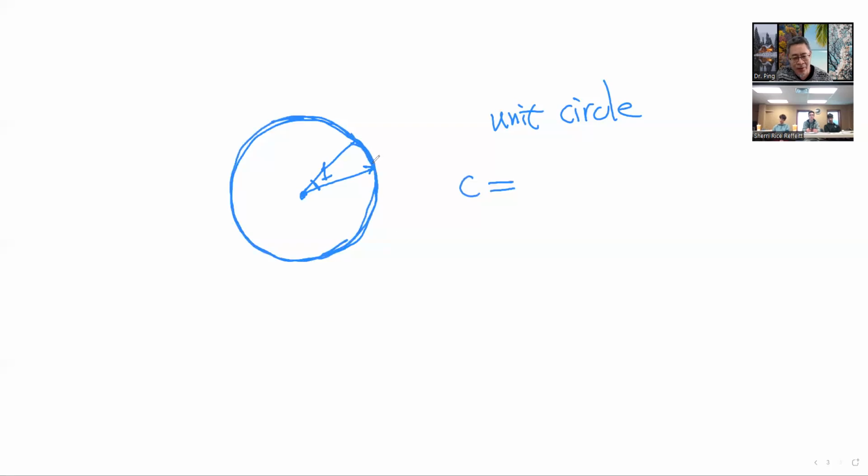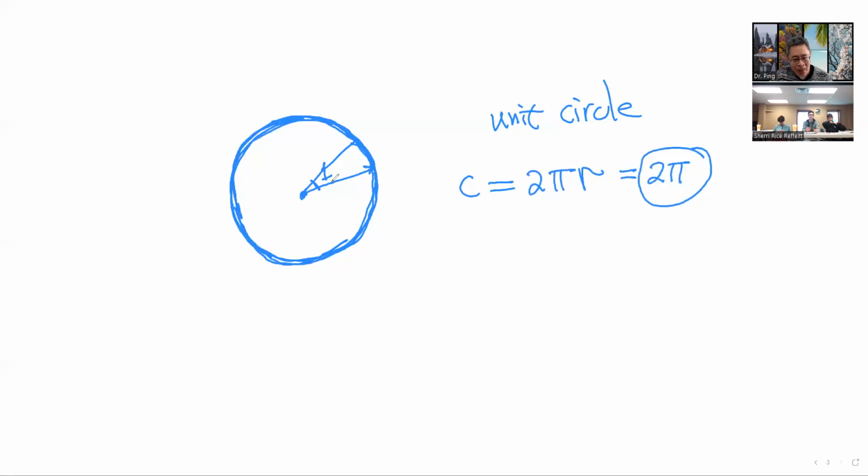What's the length of a circle, I mean the arc, all the way around? The circumference. What's the formula for circumference? 2 times pi times the radius. Yes, 2 pi r. But in this case, our r is 1, so the circumference is 2 pi. If you measure the whole circle by the arc, we get 2 pi.